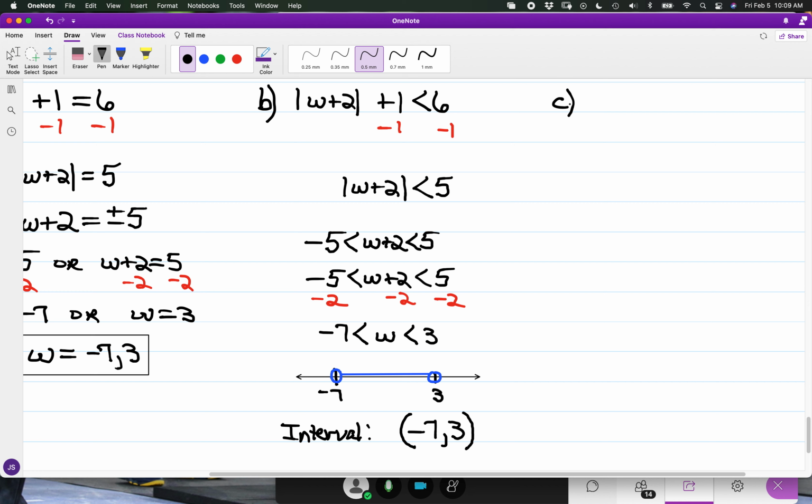As for what we have in the case of part C, now we got the same terms, and now we have this set involving the inequality, whereupon the absolute value of w plus 2 followed by the additional 1 is greater than or equal to 6.